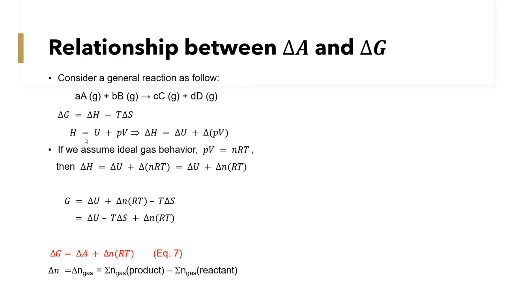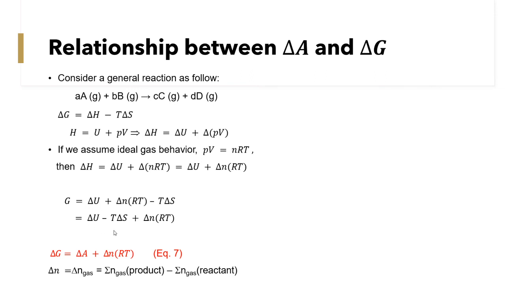You have H equals U plus PV, and if you assume an ideal gas, you can expand this to delta nRT, right? If you put these together, you have delta G equals delta U plus delta nRT minus T delta S. You rearrange that and you have this.